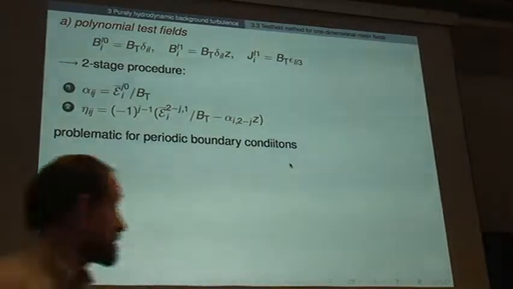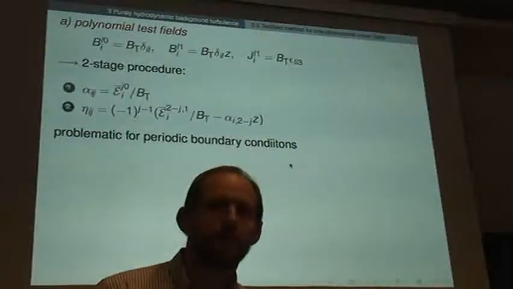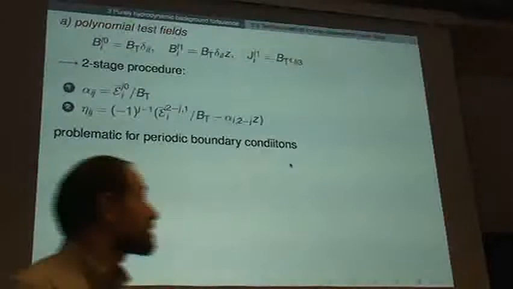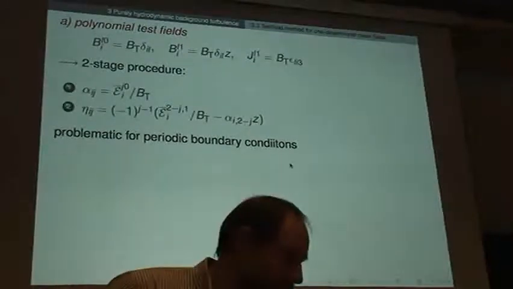I only mention that this really creates a big trouble for periodic boundary conditions in a numerical setup, but not necessarily, for instance, in the spherical models which Martin Fenner considered. There was not really a problem there.